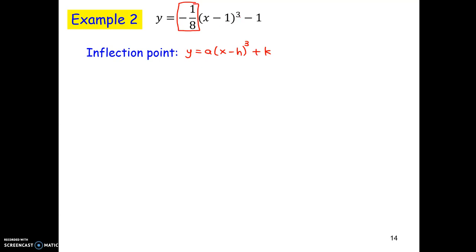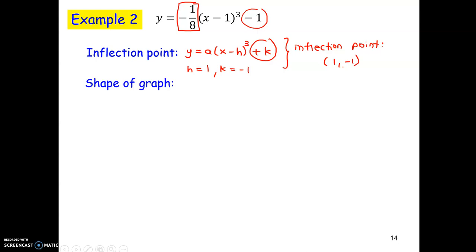So (x minus 1) cubed, (x minus h) cubed, which can give us h equal to 1. And then this negative 1, and this is k, so that means k is equal to negative 1. So we can say that our inflection point is at (1, -1).